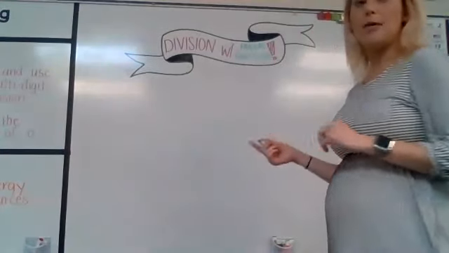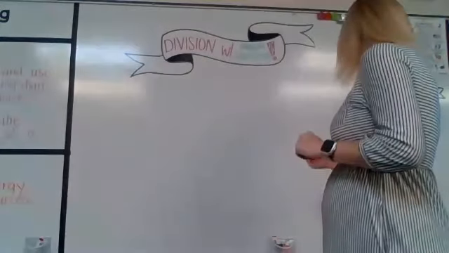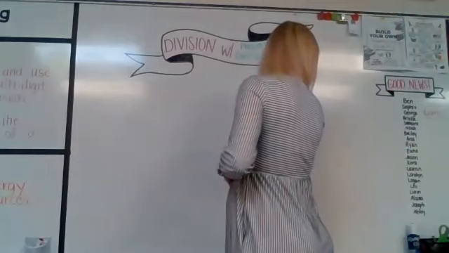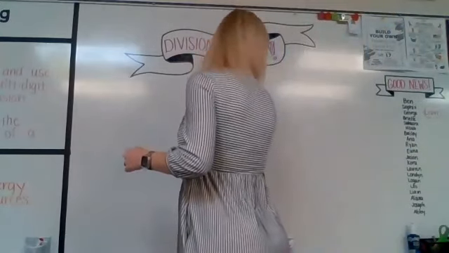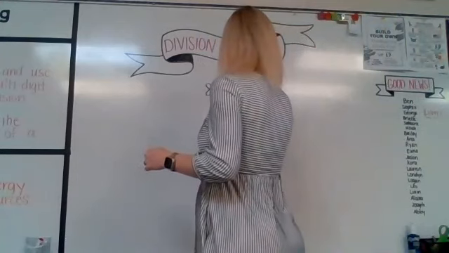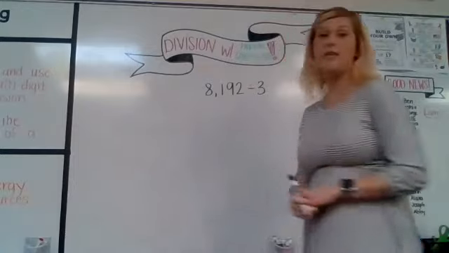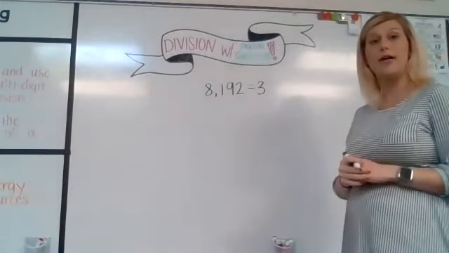The first example that we're going to do for partial quotients is the same one that we did in class. We did 8,192 divided by 3.